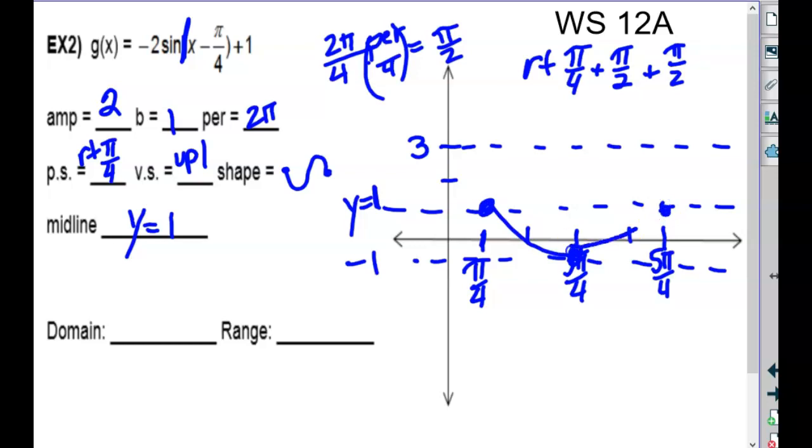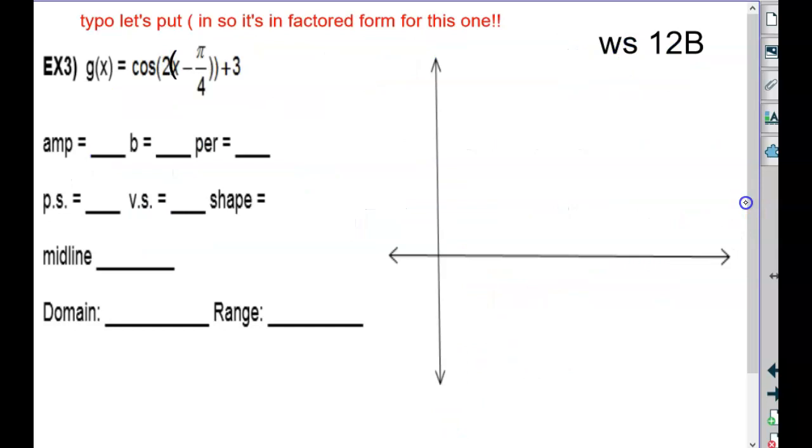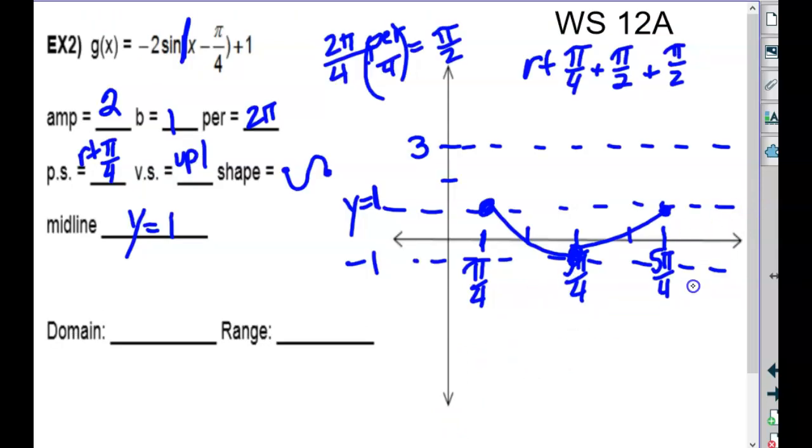And back here. I'm out of room, aren't I? I'm like, oh yeah, just slide it over. Yeah, there's no room to slide it over. The max would be at what? 7/4.